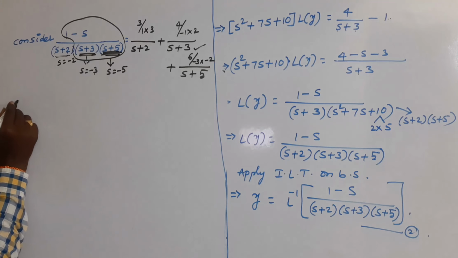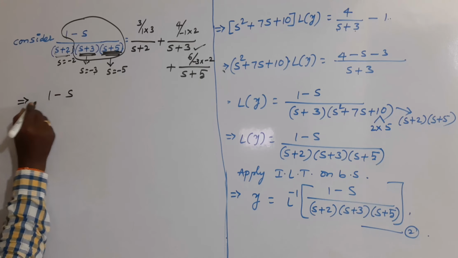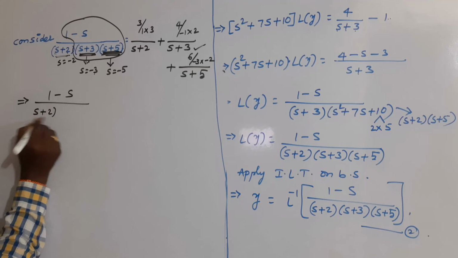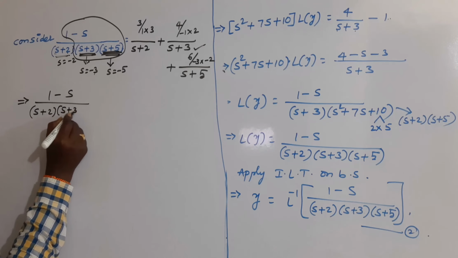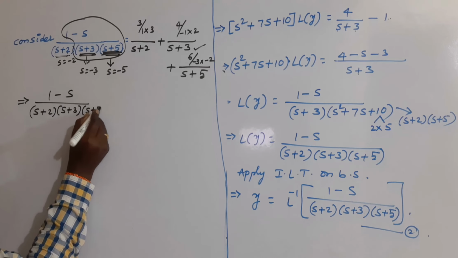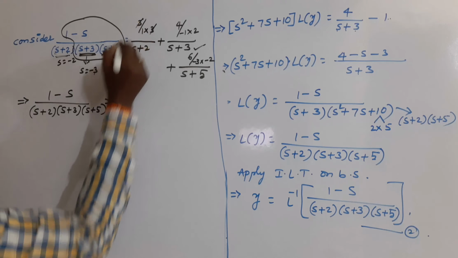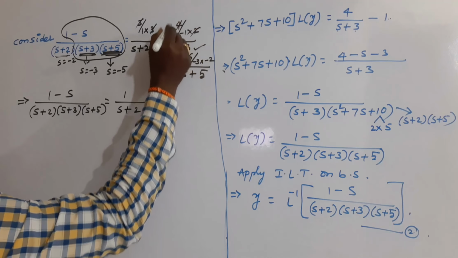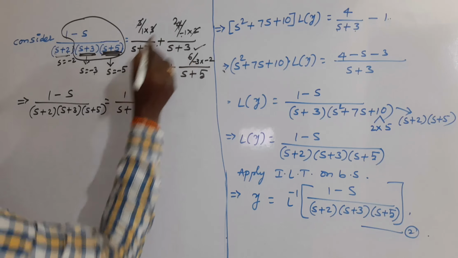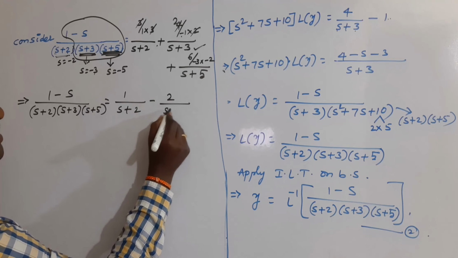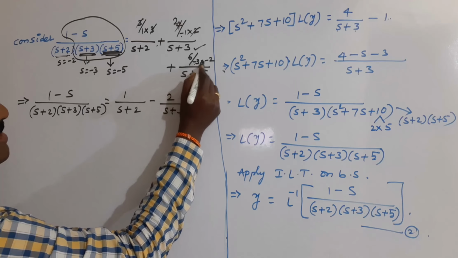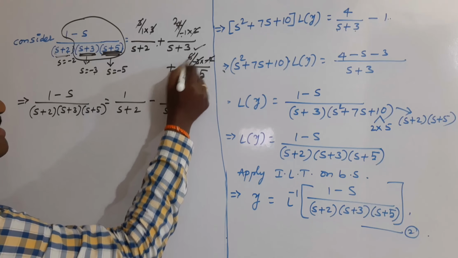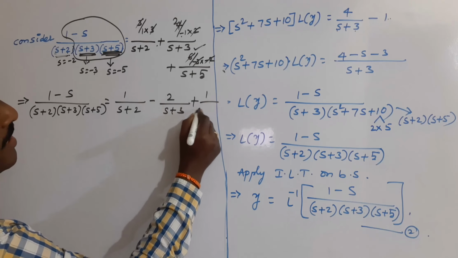So anyway 1 minus S whole by S plus 2 into S plus 3 into S plus 5 becomes 3 getting cancelled. So 1 by S plus 2. This is minus 2 times, that's why plus into minus, minus 2 by S plus 3, and minus 3 into minus 2 would be 6, 6, 6 getting cancelled. So 1 by S plus 5.